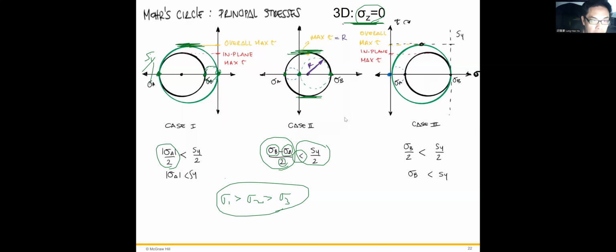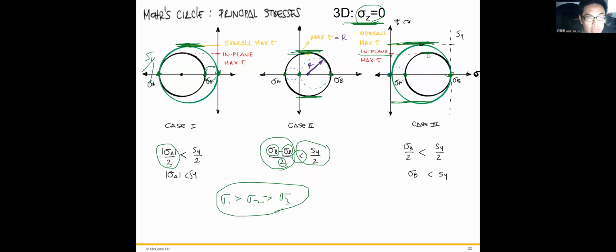Okay, for the third case, sigma A and sigma B are both positive, right? And still sigma Z equals 0. And we can find the maximum shear stress here and here. Of course, we can figure out the in-plane maximum shear stress right here.